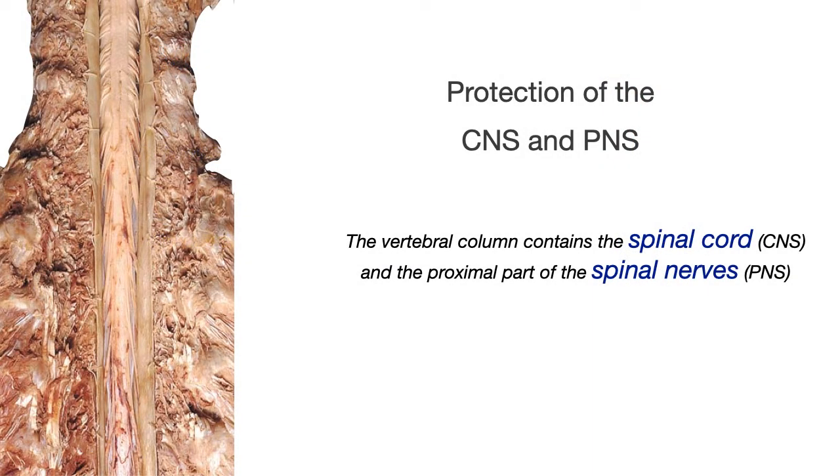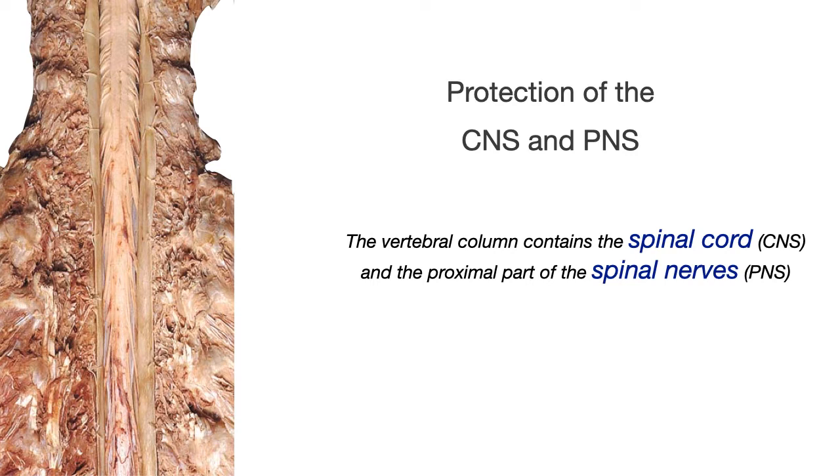Another important function of the spine is to protect the spinal cord, which is part of the central nervous system, and the proximal part of the spinal nerves that are part of the peripheral nervous system. Here you have an image of a dissection.